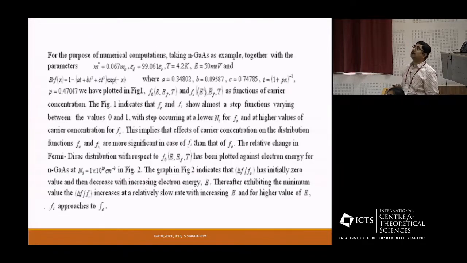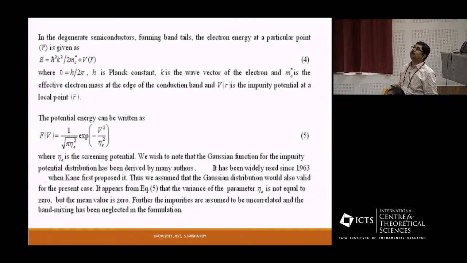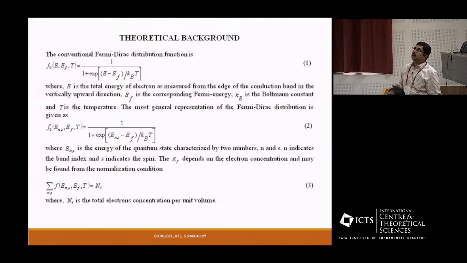In terms of theory, the conventional Fermi function is like this, where E minus EF is the energy and ENS is the conduction band edge energy. They are band indexing N and S, with a spin index. The concentration is like this for a degenerate semiconductor.